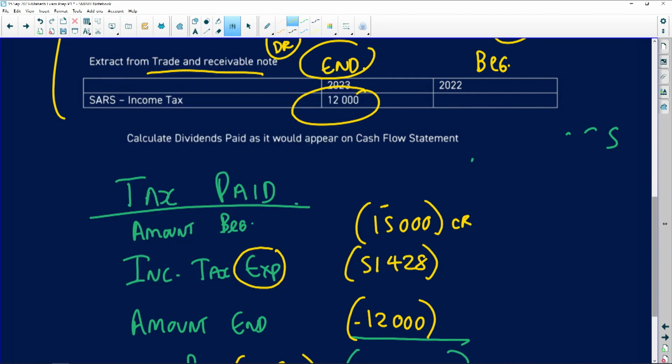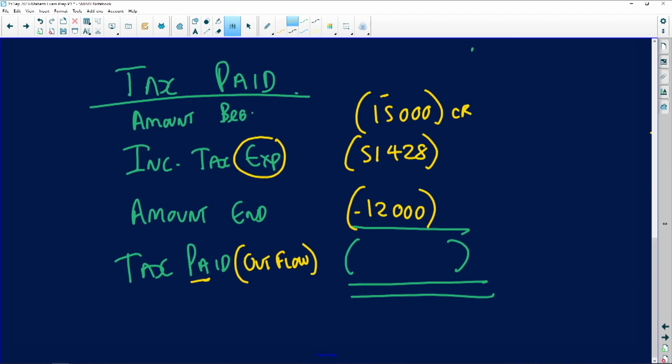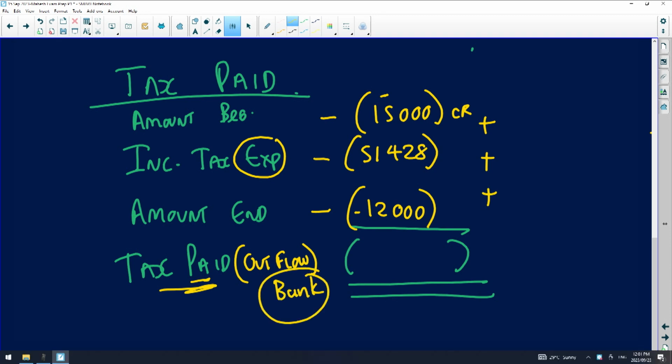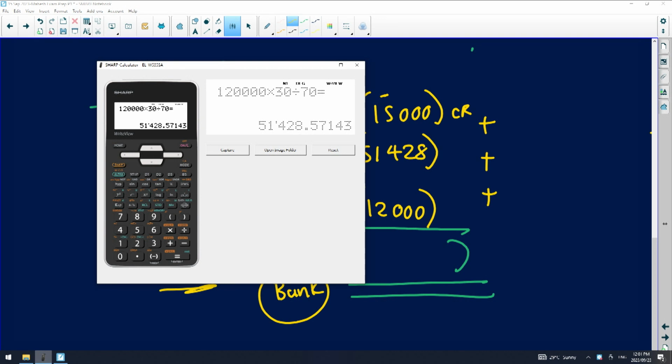And remember your expense is also in brackets. So as you can see, everything is in brackets, everything is negative, which means I'm adding all three amounts to get my total tax that I've paid, what has left my bank account for this financial year, right? So I'm going to add 15,000, right, and plus 12,000, and the amount that left my bank account, 78,428.